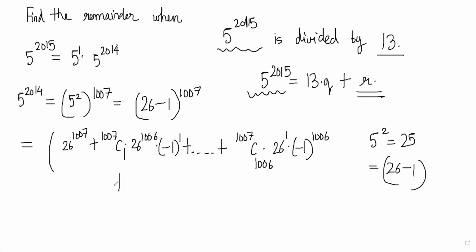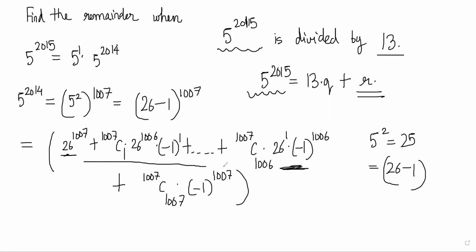And last term will be 1007 C 1007 and it will be 26 power 0 and minus 1 power 1007, right? So if you notice, all the terms up to this term are divisible by 26, right? Till here. Only this last term is the one that is not divisible, right? So you can clearly write this as some 26 times k and this last term is minus 1, right?